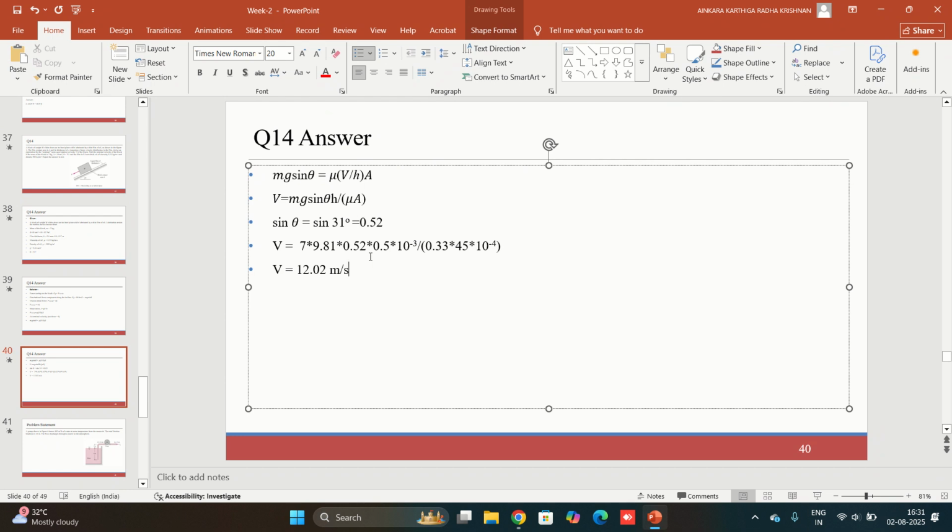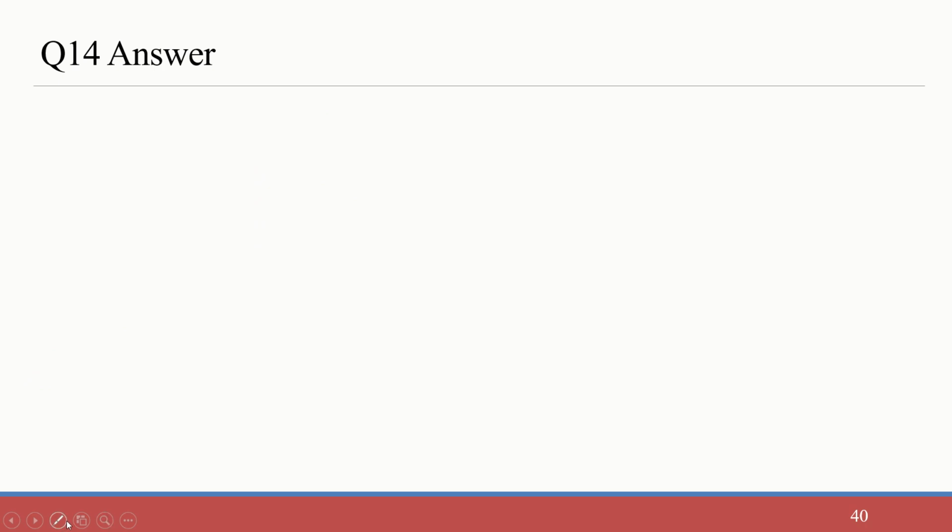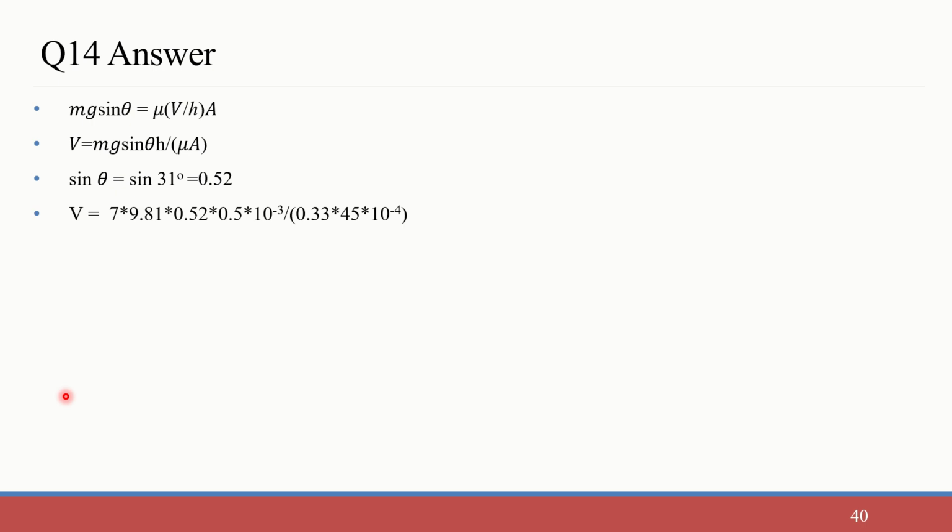Sine 31 is 0.515, or 0.52. So v is equal to mg sine theta into h by mu A. Sine theta is sine 31 degrees, which is 0.52.